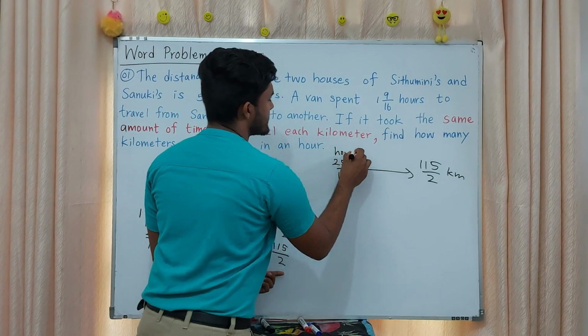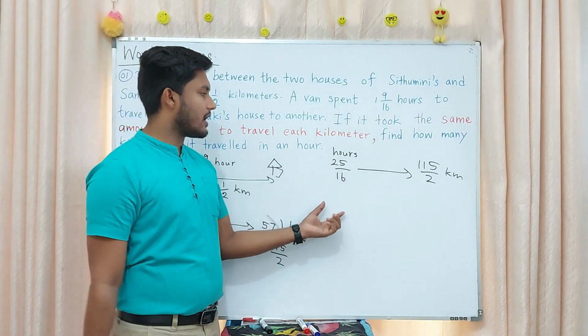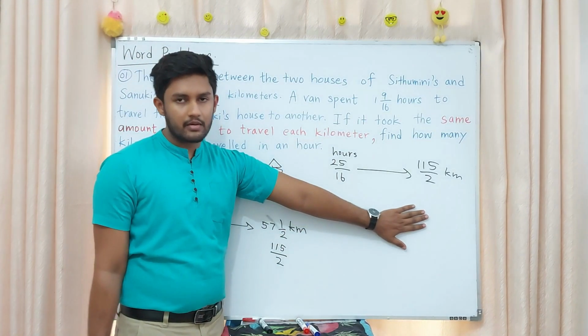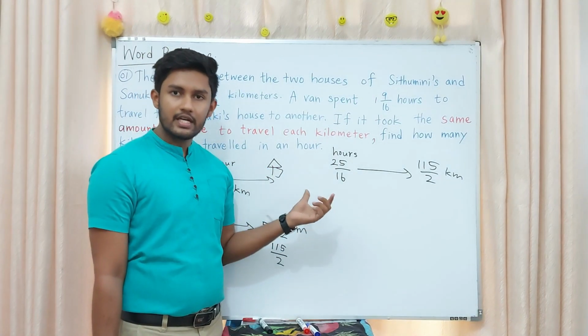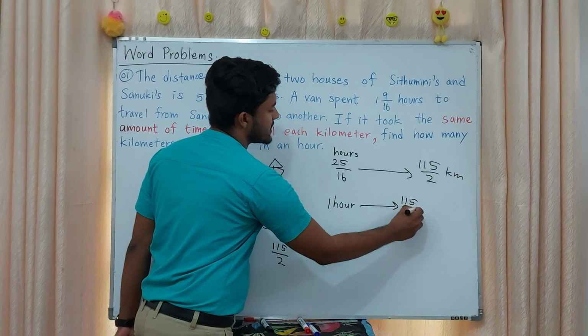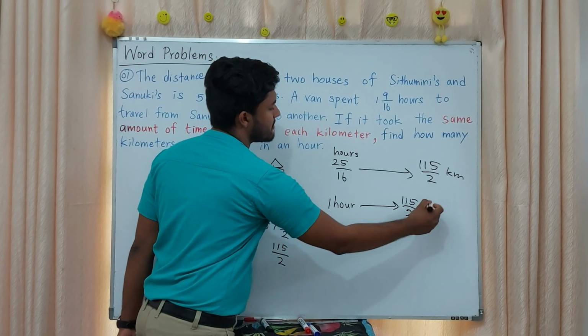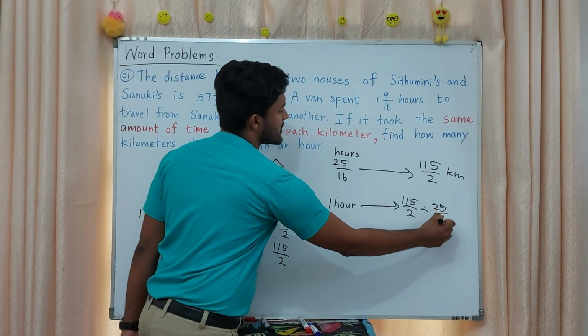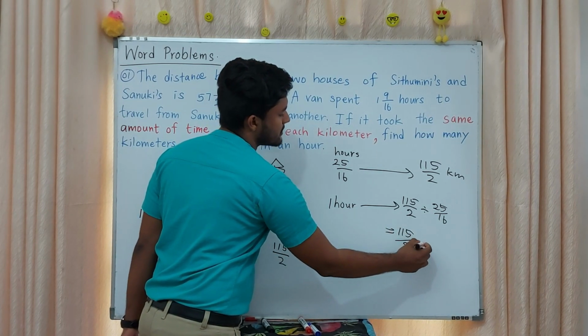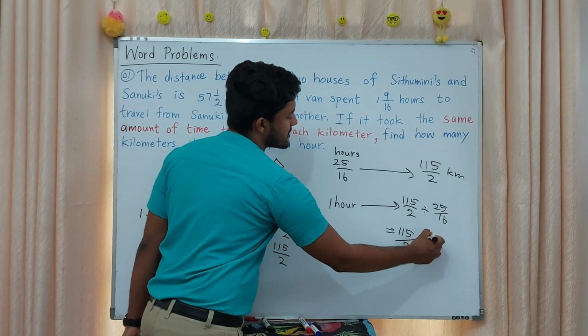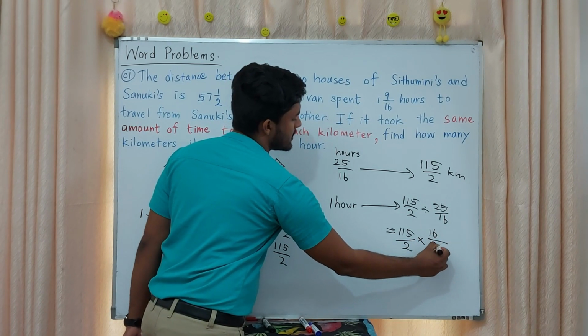For 1 hour we want to find how many kilometers it has traveled, and for that we want to do the division. 115 over 2 divided by 25 over 16. That means 115 over 2 multiplied by 16 over 25.